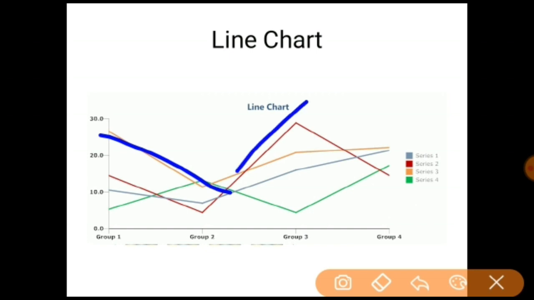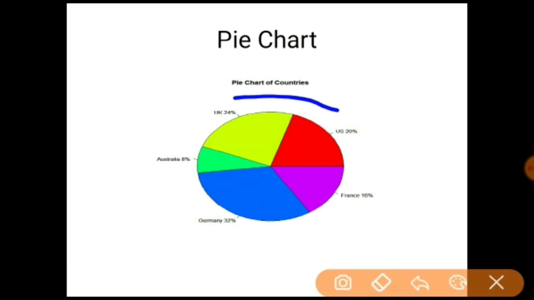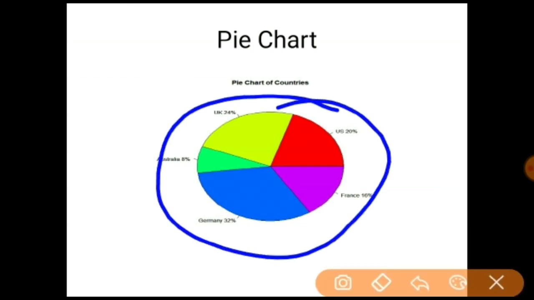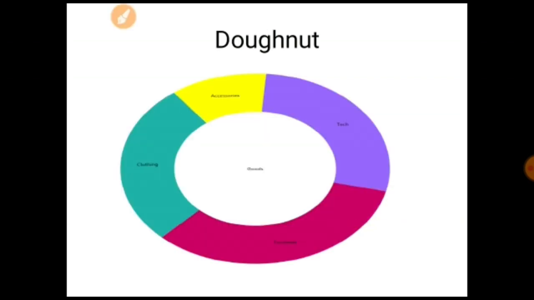Okay, next, pie chart. Here you can see we are having 2 charts. One is pie, second is donut. Pie and donut both are the same thing. First, both are in circular order. Okay, but in pie chart, this is a complete circular order which is basically used to specify only one type of comparison, whereas donut chart is in the form of a ring.